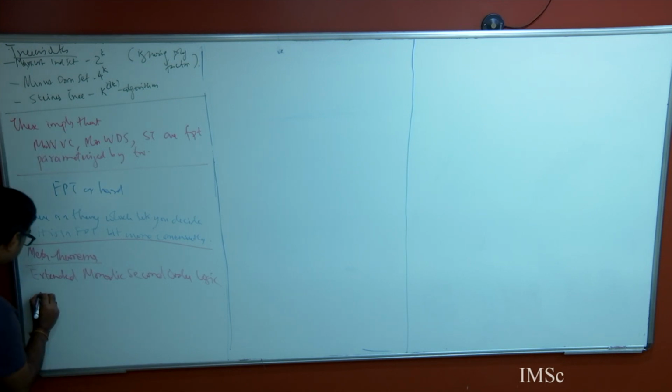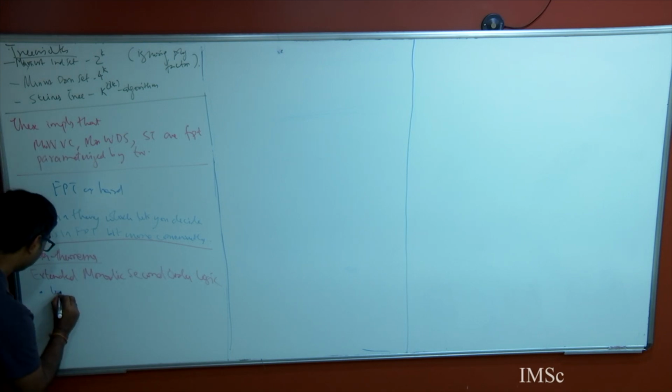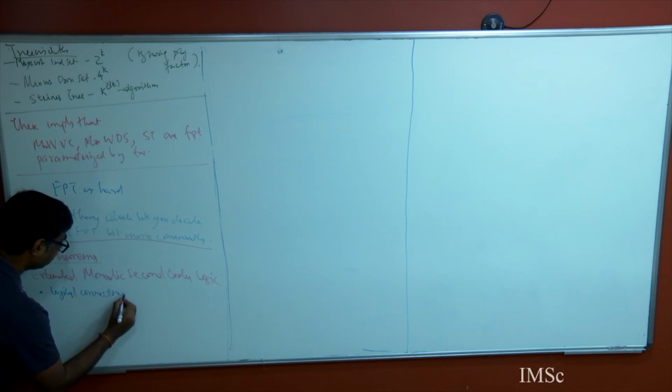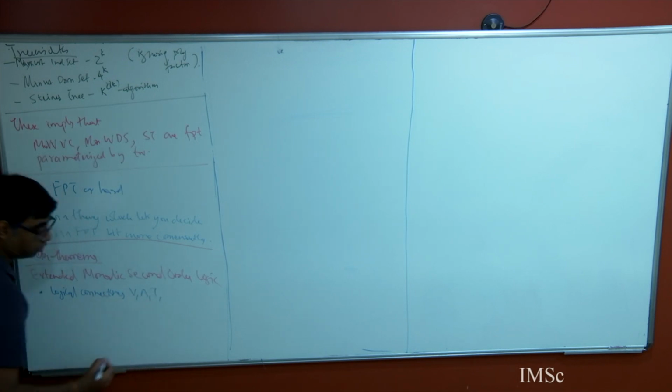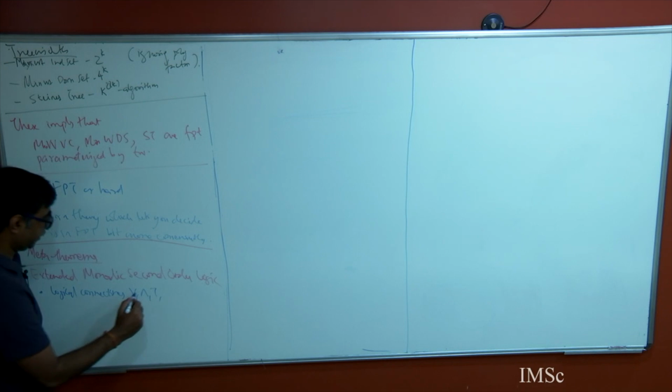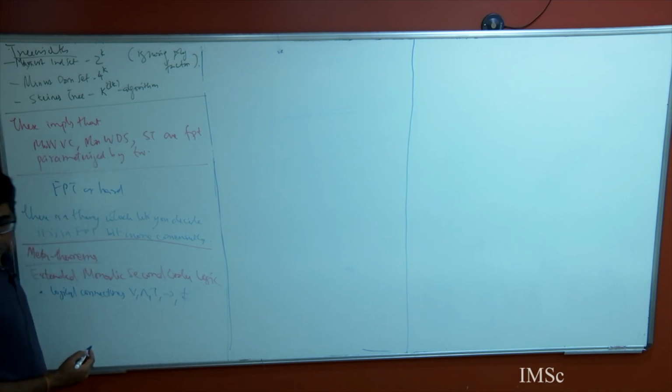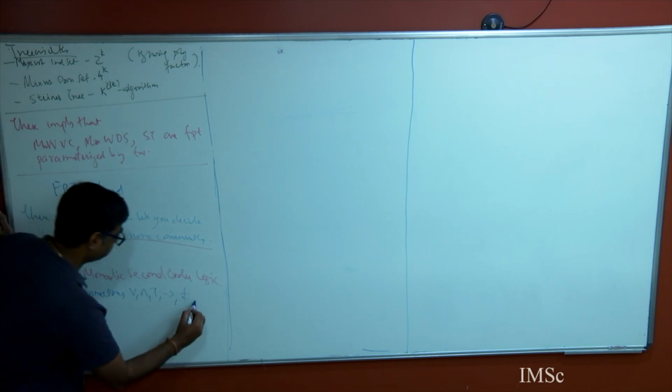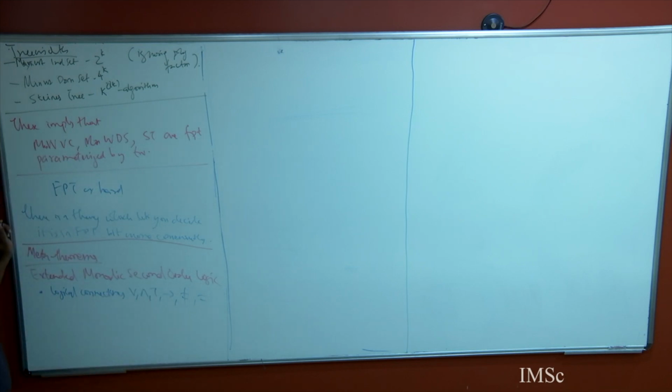So what is this logic? Of course it has logical connectives like or, and, not, implies, not equal to, equal to. You have such logical connectives.